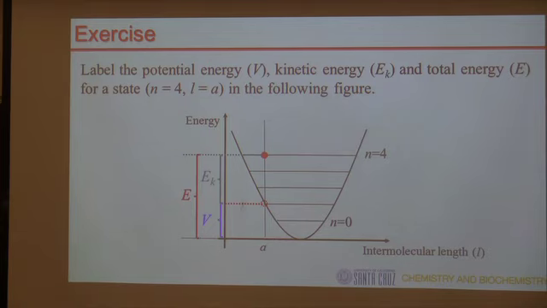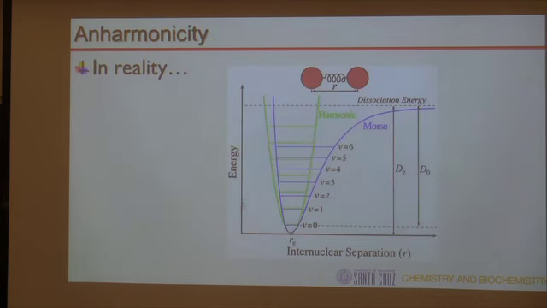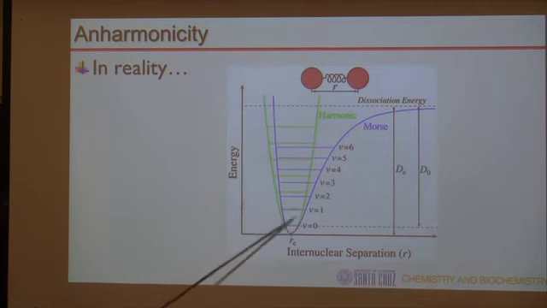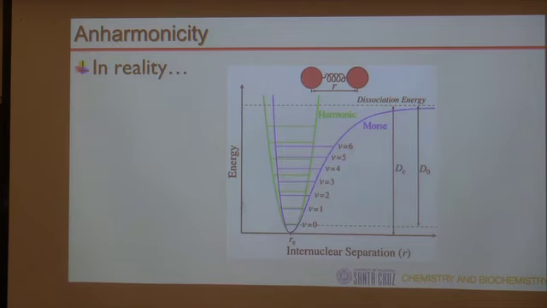That is where you can find this information. In reality, we know not everything behaves as a harmonic oscillator. Harmonic oscillator is just an idealized model. So we introduce a concept called anharmonicity, which represents the deviation from harmonic oscillation. This green curve is what we showed before, the energy diagram for a harmonic oscillator.